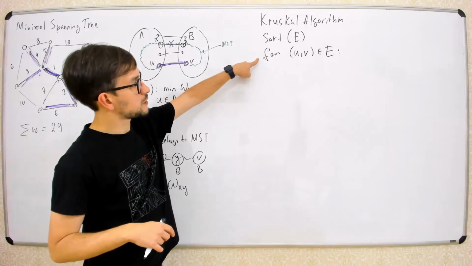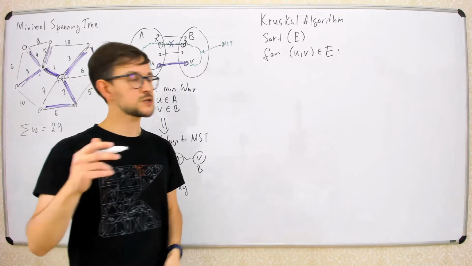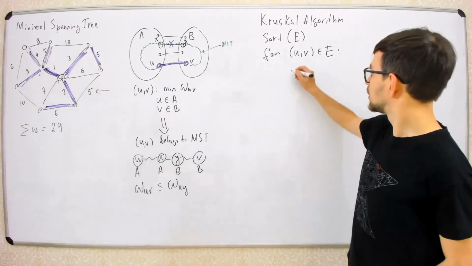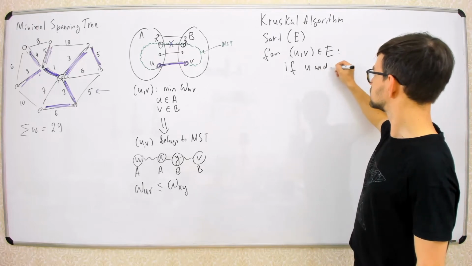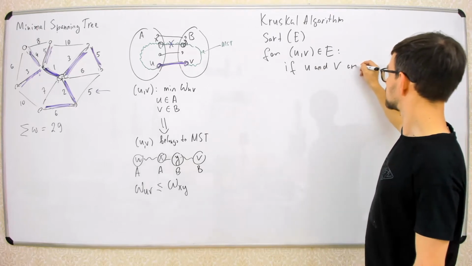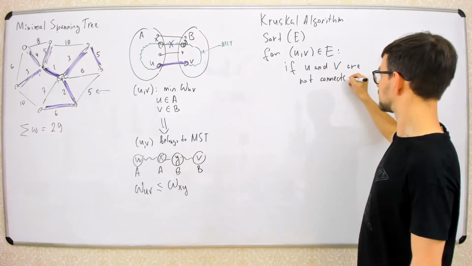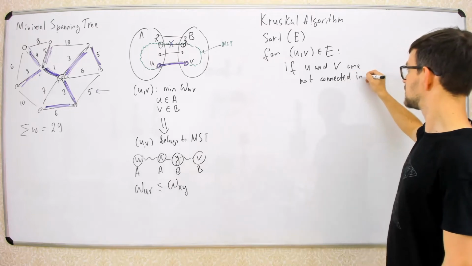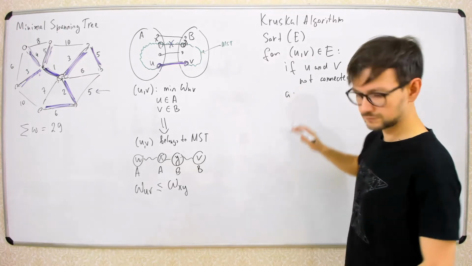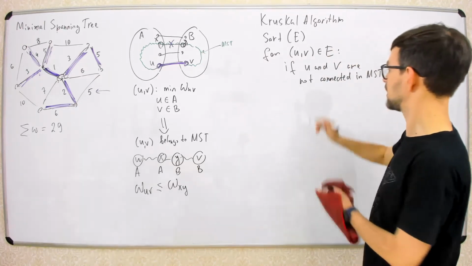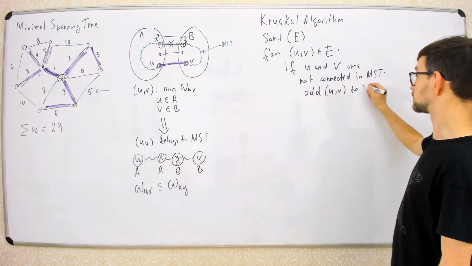Now, let's iterate over all edges in the sorted order. If U and V are not connected in the current MST, then we add this edge UV to the MST.